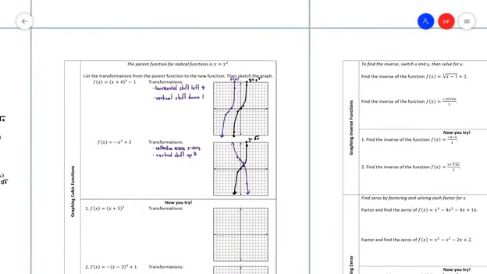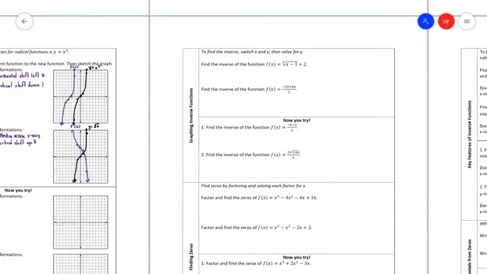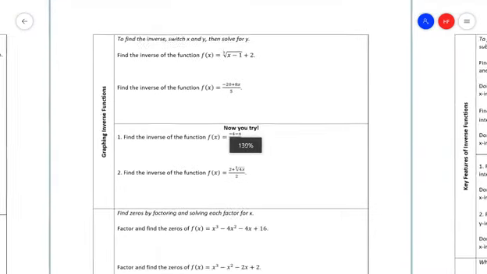So then that is our new function, which is f of x. So then you'll do the same thing with the following two examples. Then our next topic will be graphing inverse functions.